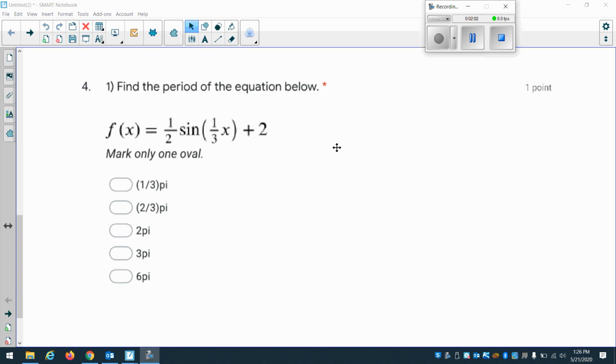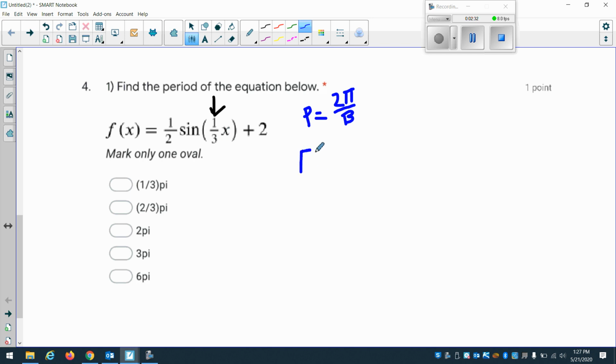All right, so this attendance form was based on sine only. So when it says find the period of the equation below, you have to figure it out using B. The period formula is the period equals 2 pi over B. The B value is 1/3, so you have the period equals 2 pi over 1/3.